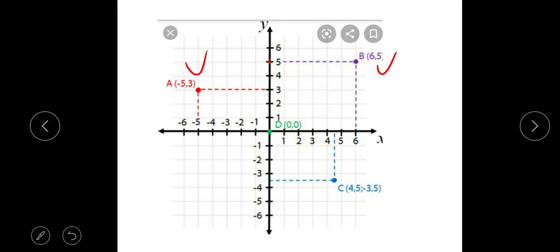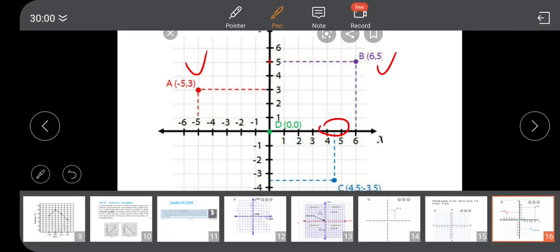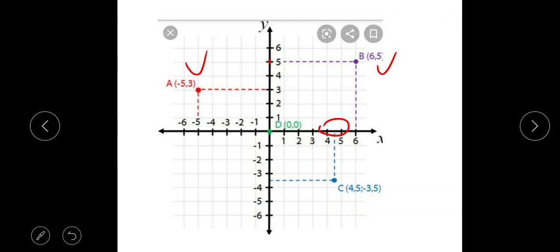C, 4.5 on the x-axis. There is no 4.5 marked, but we know 4.5 is half of the unit between 4 and 5, right? So that point we consider and draw the line. And we know -3.5 on the y-axis comes between -3 and -4, and we draw a line from there.